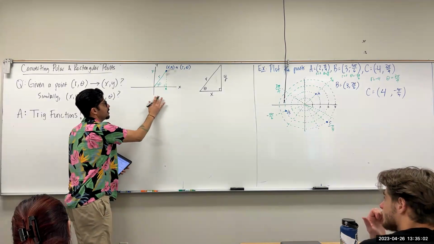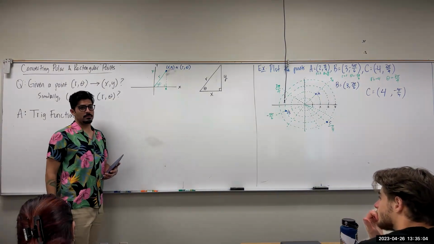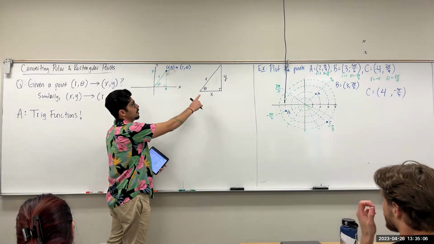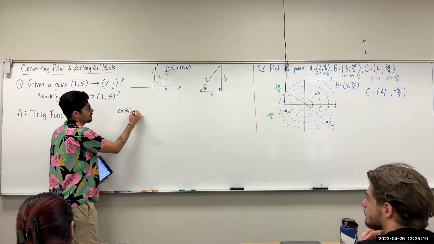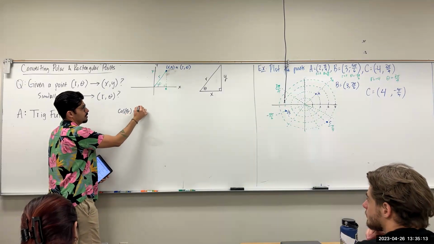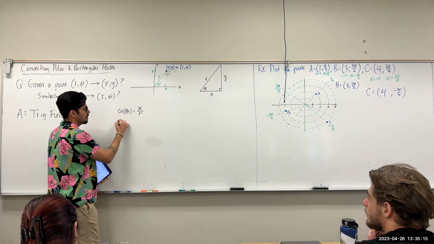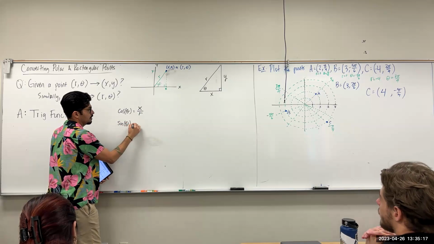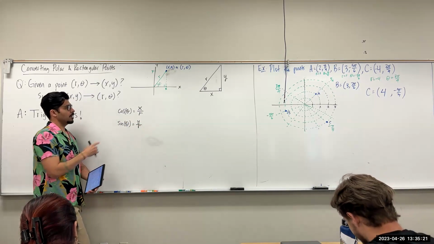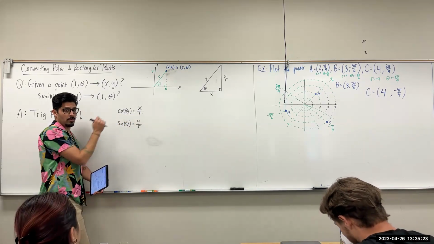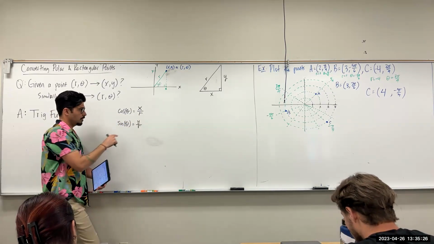And so then here we bring in our SOHCAHTOA to help us out. What's cosine of theta? Adjacent over hypotenuse. And what's sine of theta? Opposite over hypotenuse. So then what we do is we want to solve for x and we want to solve for y.